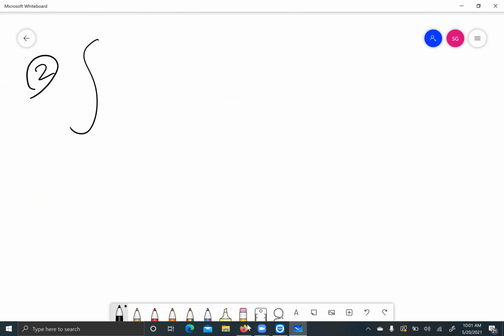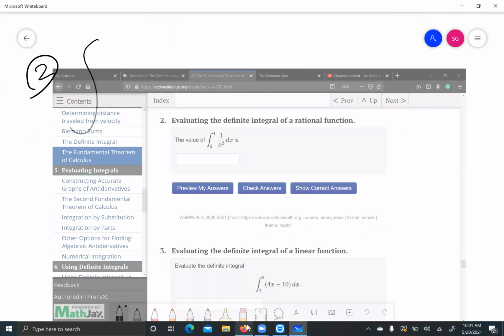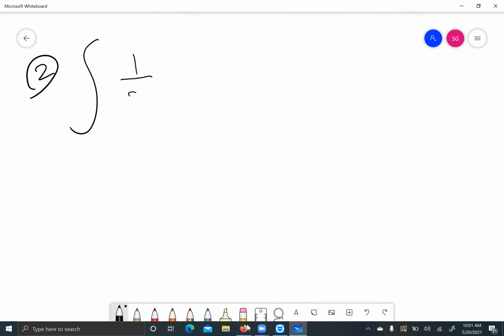It's the integral of 1 over x squared with respect to x from 2 to 4. I would like to rewrite it in the standard form of a power function. So we can flip this fraction and rewrite it as x to the negative 2 from 2 to 4.